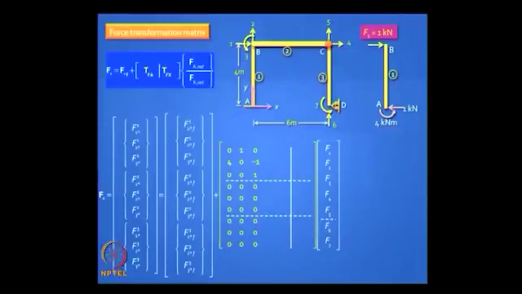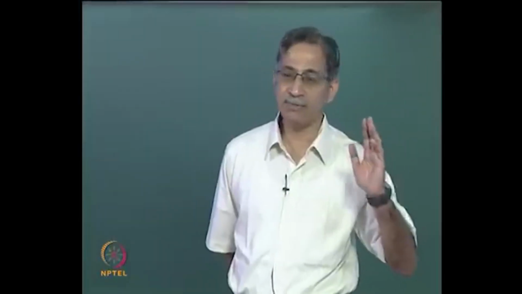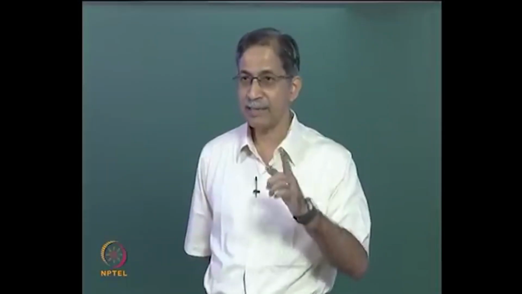I have written down the first 3 columns corresponding to F1 equal to 1, and I will show you F2 and F3 shortly. Look at that first column, 0 4 0. Is it right? Only the first element will have non-zero items, the second and third elements will not be affected because this is a cantilever action for element 1, agreed? So that is why you got zeros here.